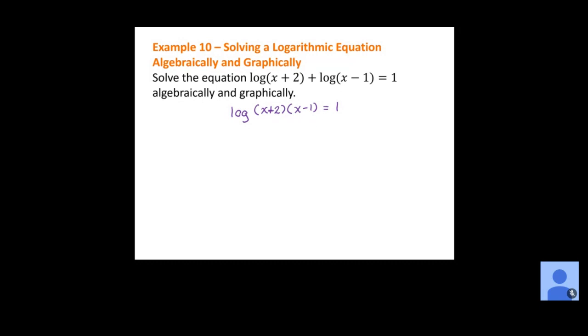So it's going to be 10 to the first power, right? Because again, the base here, it's a common log of 10. So 10 to the first is equal to x plus 2 times x minus 1. So now we've gotten rid of our logarithm. So now if I want to solve for x, what are we going to have to do from there?